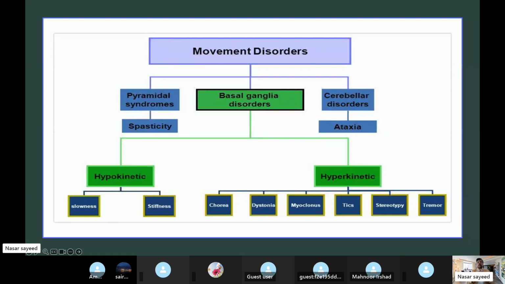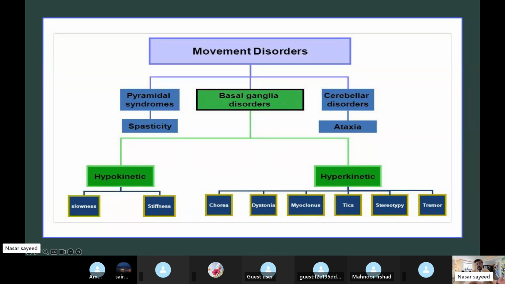Okay. Basic movement disorders. This is the brief outline of all the things that we can see in psychiatry. So there can be pyramidal syndromes, basal ganglia disorders, and cerebellar disorders. So three major areas where the movement disorders have the origin. One, pyramidal; two, basal ganglia; three, cerebellar.